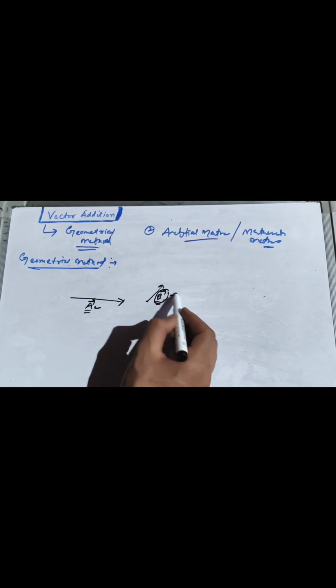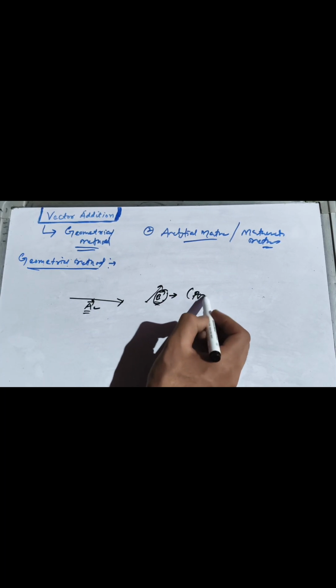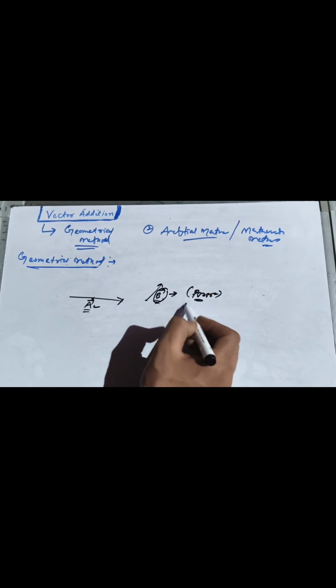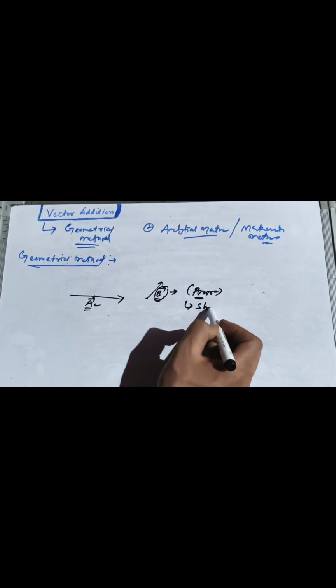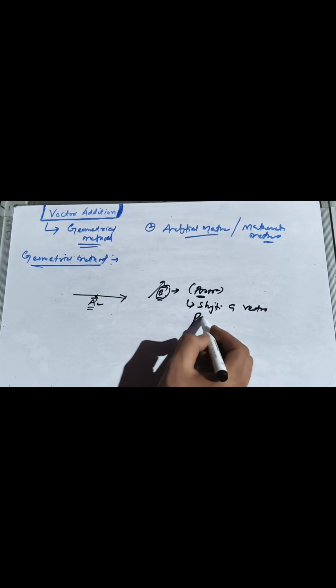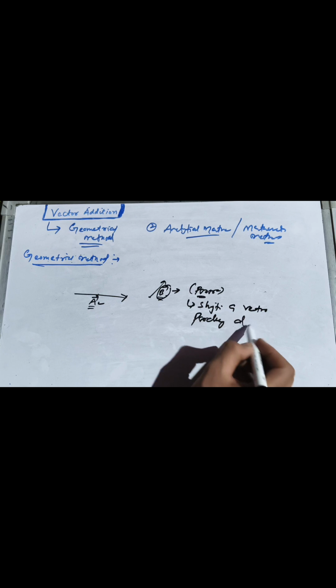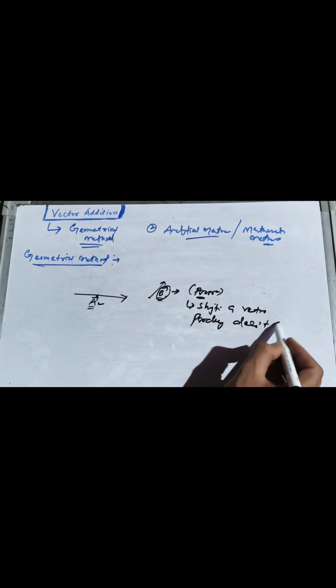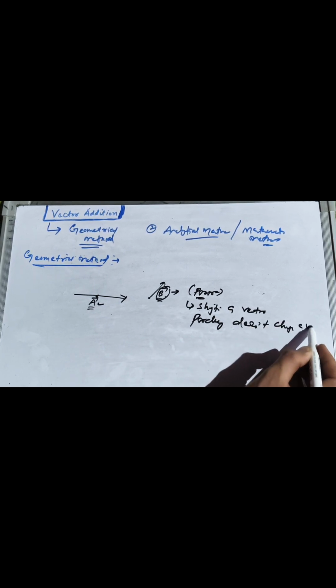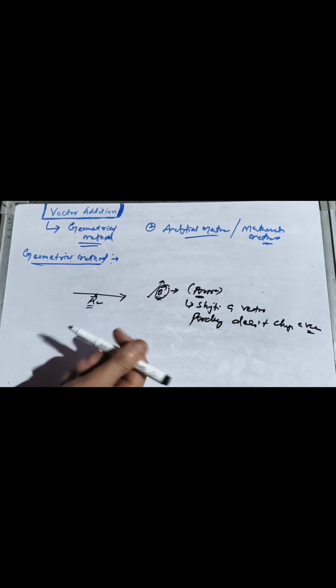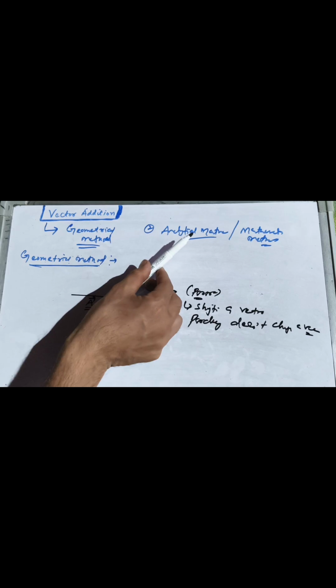So we have to displace vector B parallelly, because shifting a vector parallelly does not change the vector. We put the tail of vector B on the head of A.